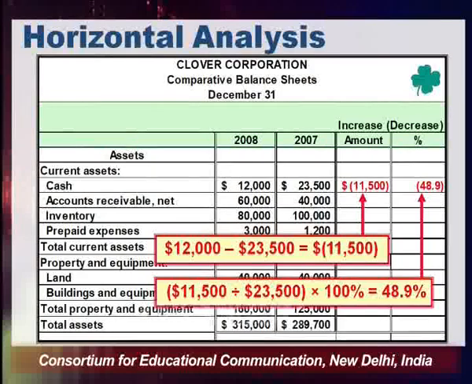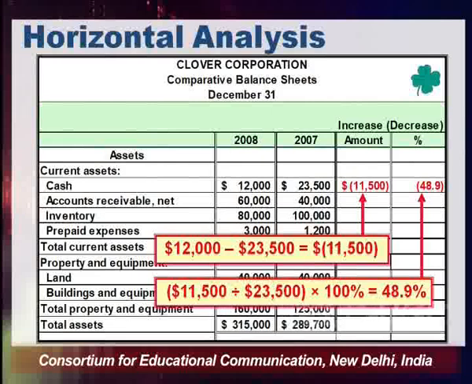So what is the absolute change? The absolute change is a negative, right? So it is not positive. Your cash balance has gone down from 23,000 plus something to 12,000. So almost half, right? So in the third column we have written the difference, and the difference is 11,500, which in the next column we have divided by the previous year figure and then multiplied by 100.